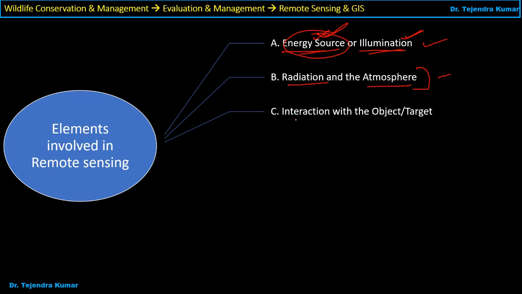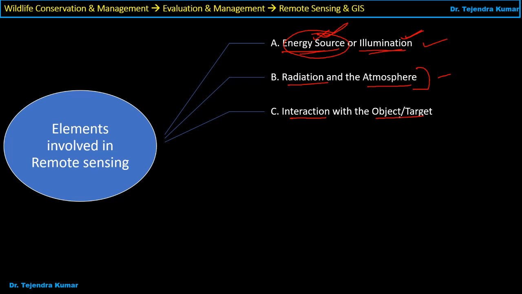Next is the interaction with the object and target, how these things are interacting. Sometimes some energy is absorbed and some is reflected again. Sometimes some energy is reflected in the atmosphere as well.